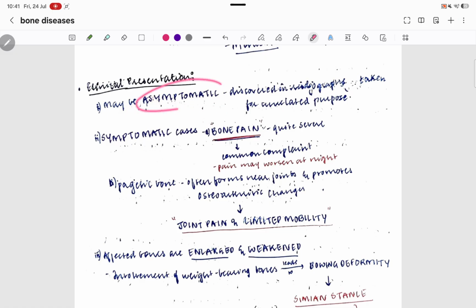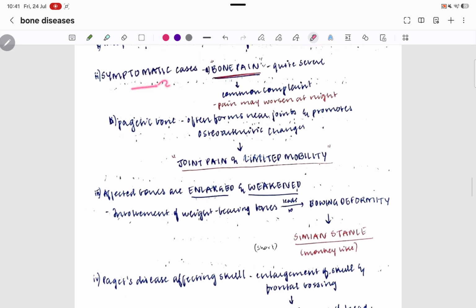It may be asymptomatic and discovered accidentally on radiographs. Symptomatic, if it is causing symptoms, it is usually bone pain which is worse at night.